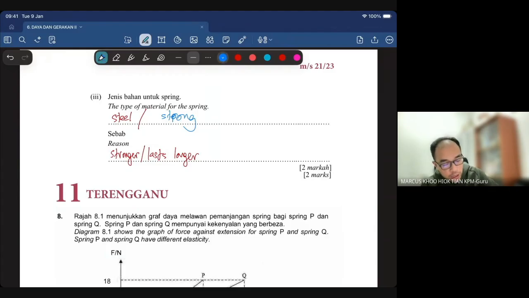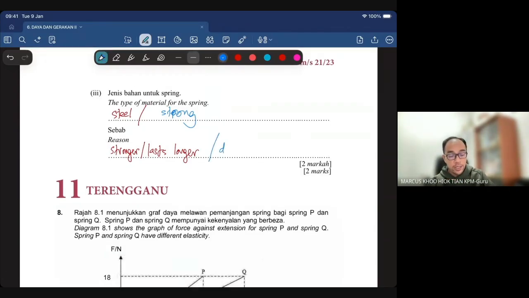If you're going to say strong material, then I would say the reason will be more durable, or even lasts longer, or can withstand a bigger force. Even for steel, you can also use all the answers in blue, lah.